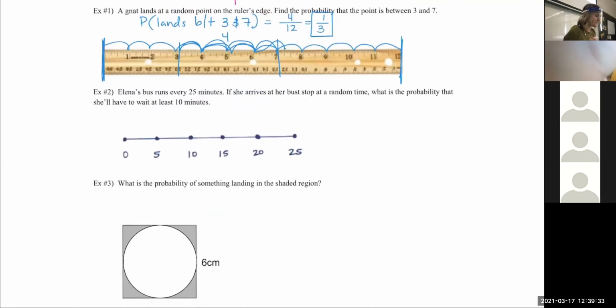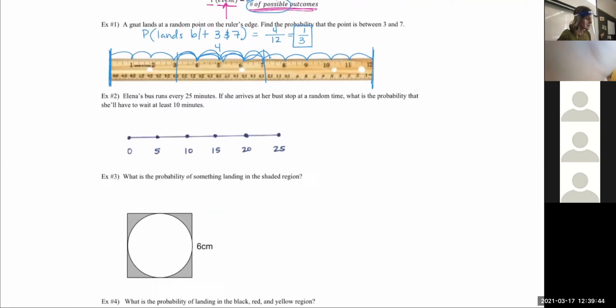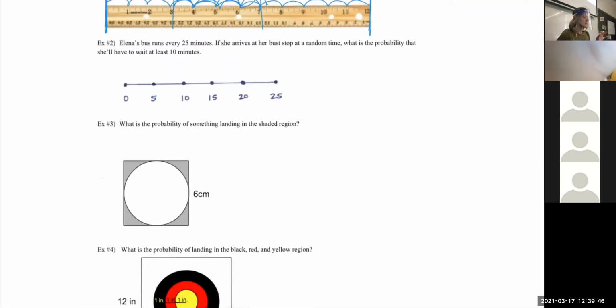Okay. Example 2 then. It says Elena's bus runs every 25 minutes. If she arrives at her bus stop at a random time, what's the probability she'll have to wait at least 10 minutes? And we have lots of time today. So I'm going to give you a minute just to see if you can figure this one out. It's kind of hard with the way I set it up with the 0 to 25.